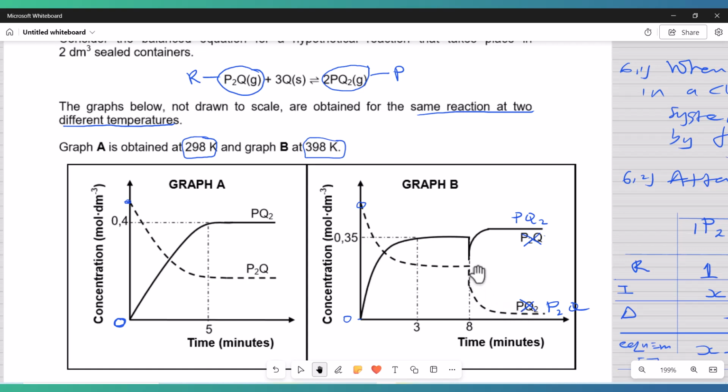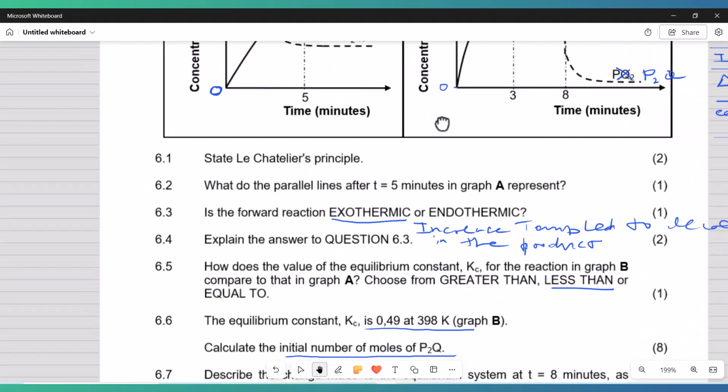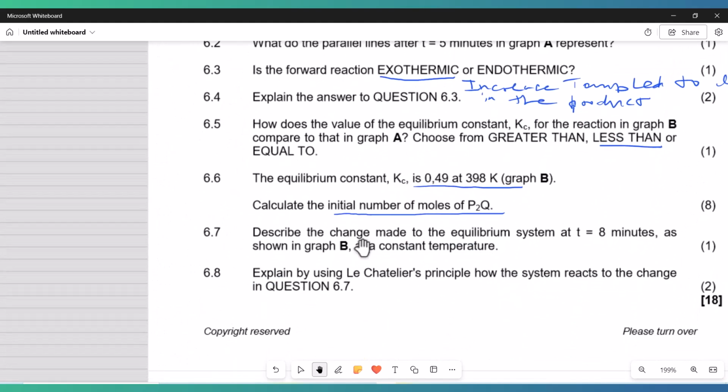So it means that according to the general principle, we are now favoring the forward reaction in this case, okay? So what's our answer here? What do we tell these people? That there was a decrease in pressure.